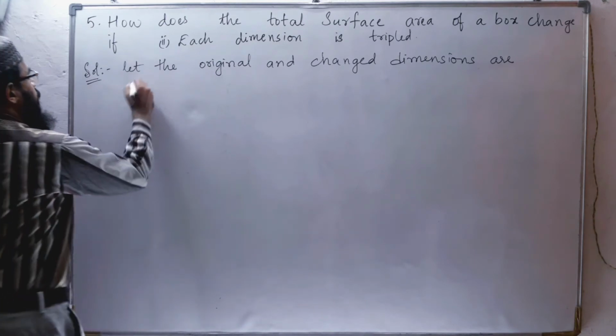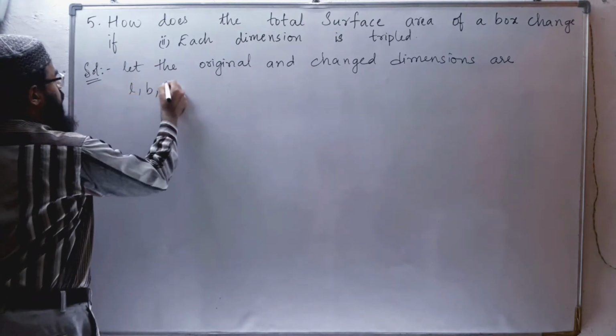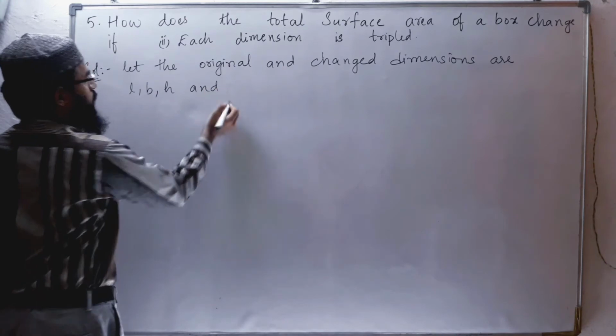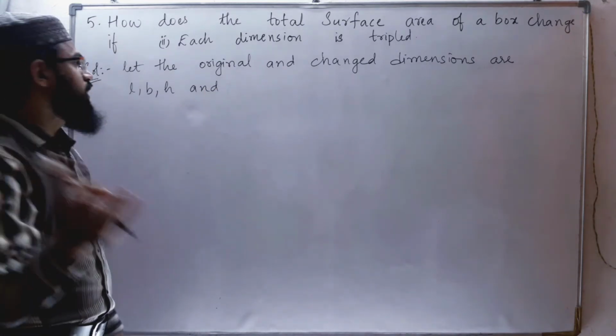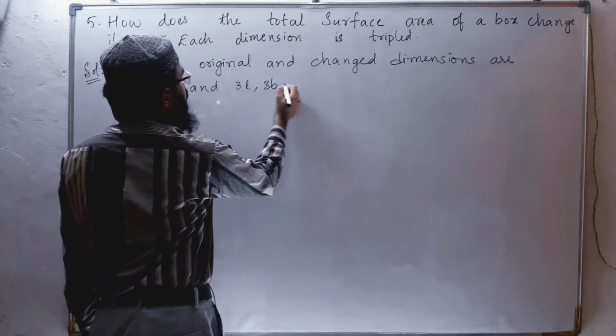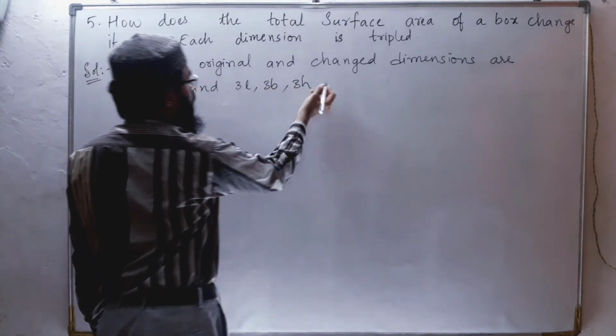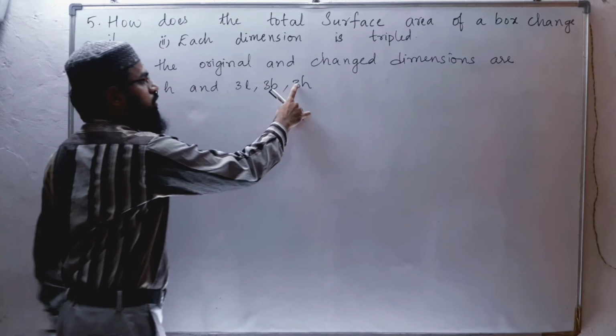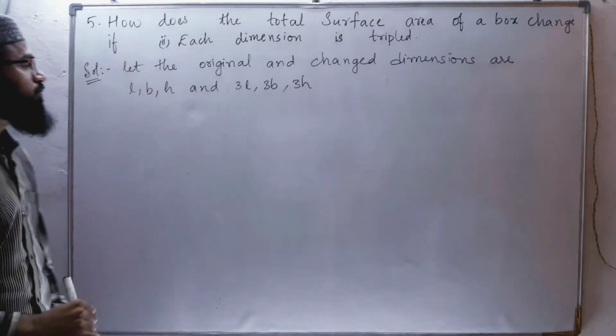Original means we will get length, breadth and height, and changed means we are taking it 3 times. So 3L, 3B, 3H. So these are the tripled dimensions.